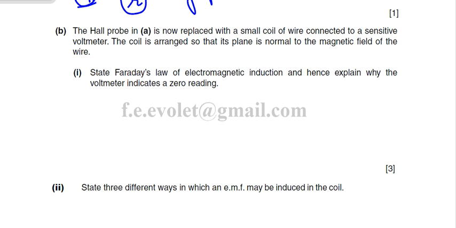So Faraday's law of electromagnetic induction: the induced EMF, or the voltage, we can write it as negative N delta phi by delta t. So the rate of change in flux.